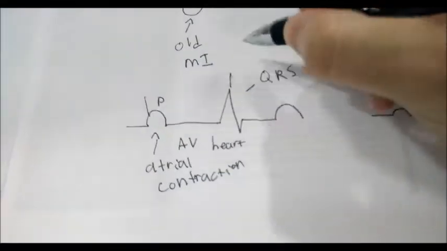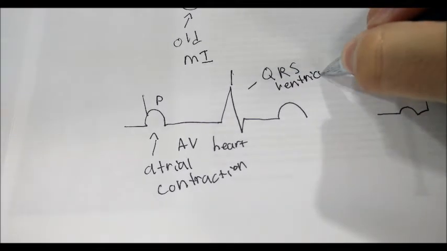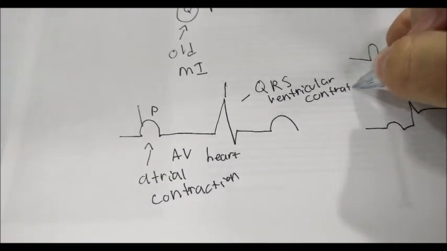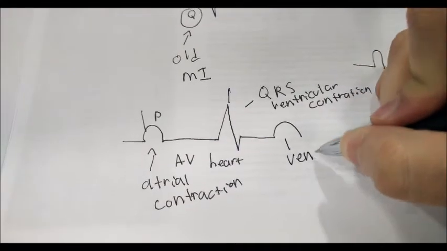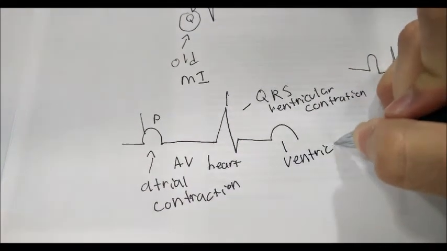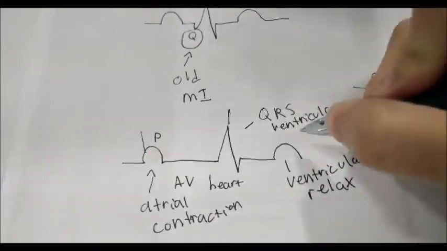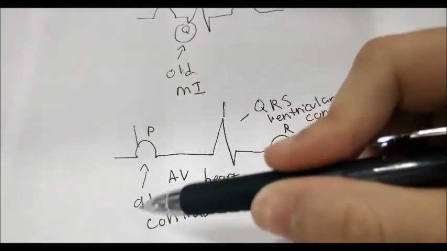Your QRS is your ventricular contraction. And this right here is your T wave, which is your ventricular relaxation. Now, here we have a relaxation of the ventricle, but we don't see a relaxation of the atrium.